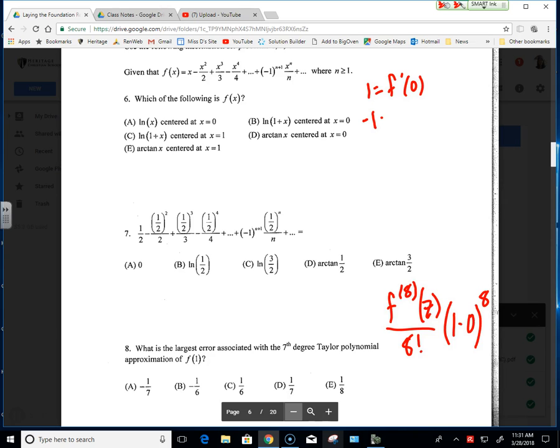Negative 1 is the second derivative, because over 2 factorial. Negative 1 factorial. Positive 2 factorial would be the third derivative, because 2 factorial had to cancel with 3 factorial to get 3.